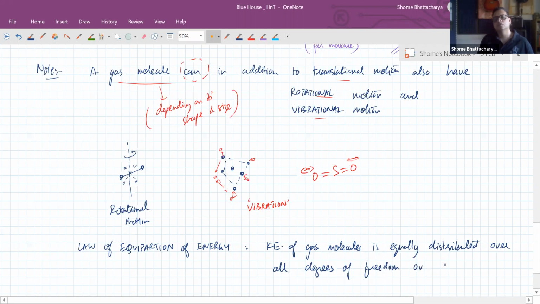Okay, over all types of motion. So this statement will become clear when I explain with examples. Just note down the statement as of now.